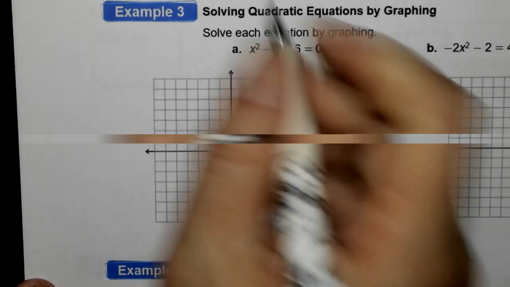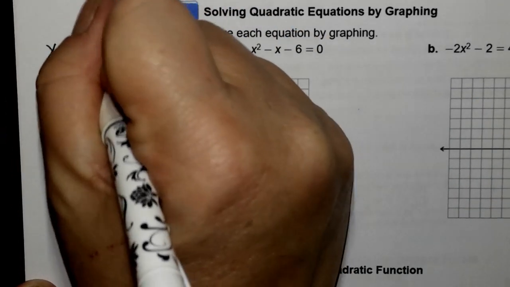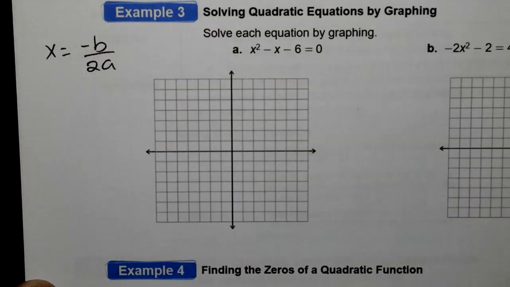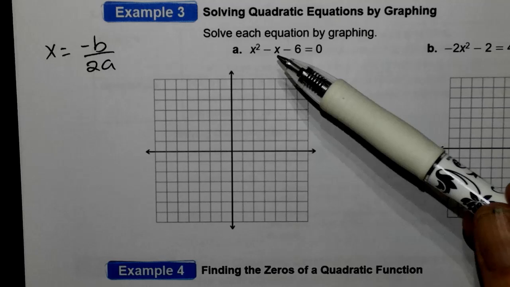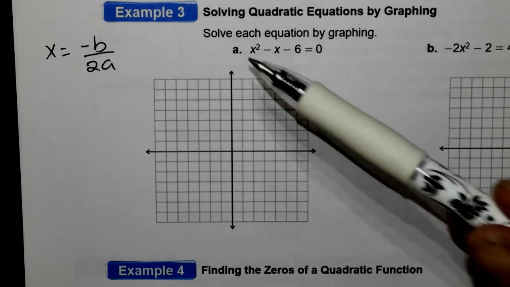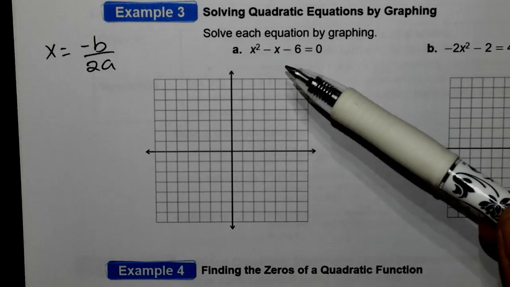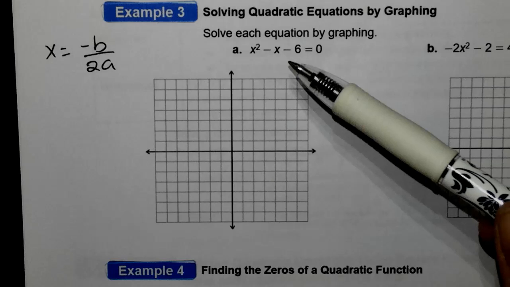Okay, so remember, to find the x value of our vertex, we just do -b over 2a. So I'm just going to plug that in and see what we get. So if you would, go ahead, give this a try. Pause your video, find your vertex, find the y value once you have your axis of symmetry.